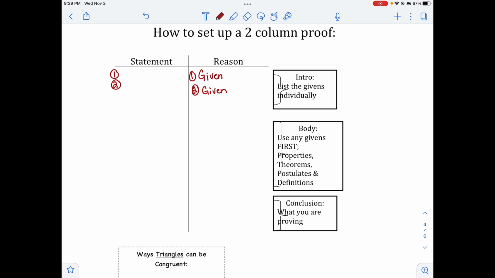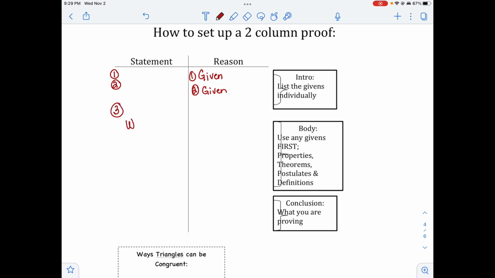And then you look at your body, and that uses any first thing. So, for example, properties, anything that you first need to prove before you move on to something else. So your givens come first, and then your properties, theorems, postulates, and definitions are facts that can prove other things. So we are thinking about, and this could be a multitude of pieces, but we'll just call it 3 for the whole.